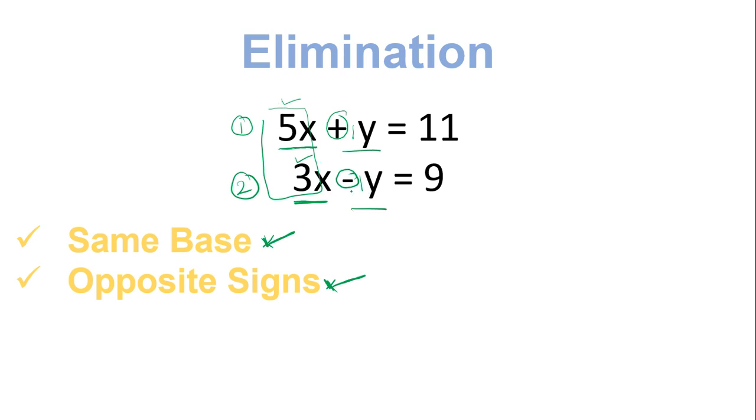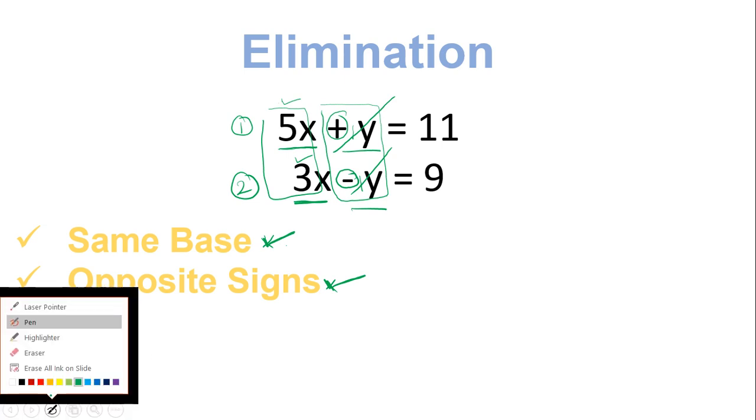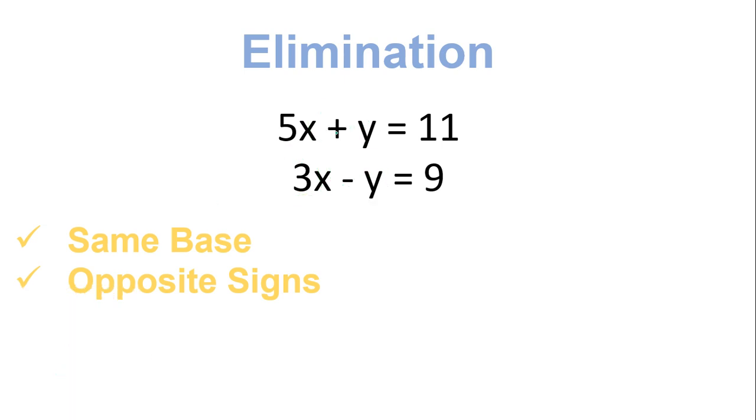Eliminate basically means that you have to eliminate one of the variables, either x or y. Now that I figured out that my y's can be easily eliminated because they have the same base and opposite signs, I am going to eliminate the y. Let me just get rid of all of this stuff so that it's easier to explain.